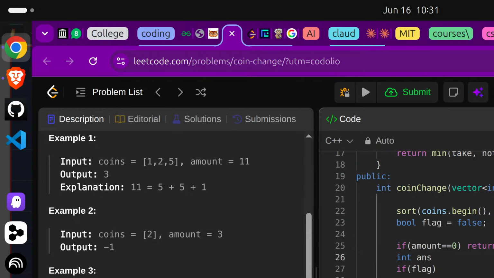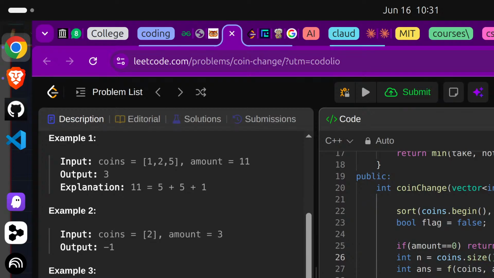And answer is f of coins. We are giving the amount, we are giving n minus 1, comma flag. If flag, right, we have to return answer. Otherwise return minus 2, right? And what is n? N is the coins' size, right?